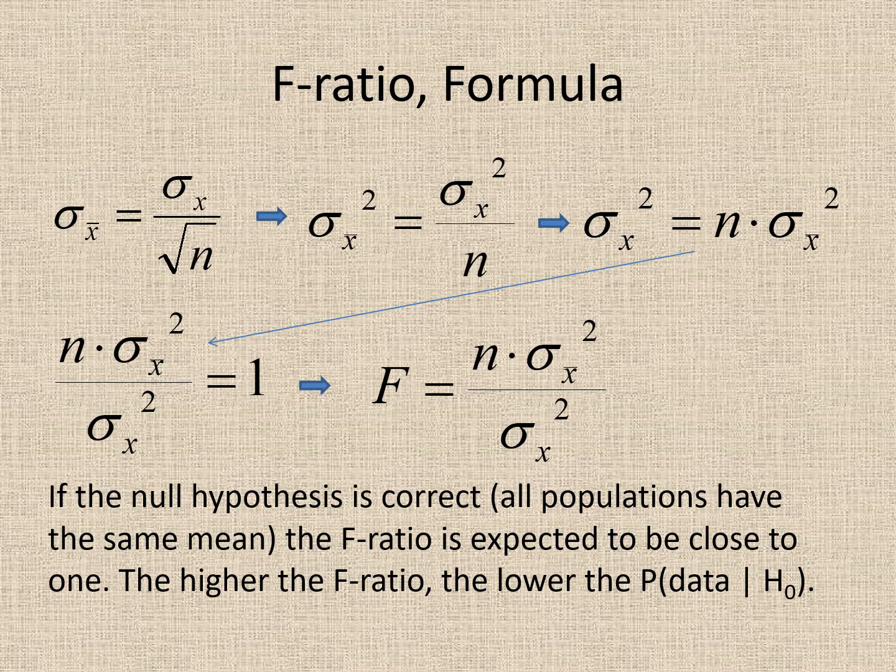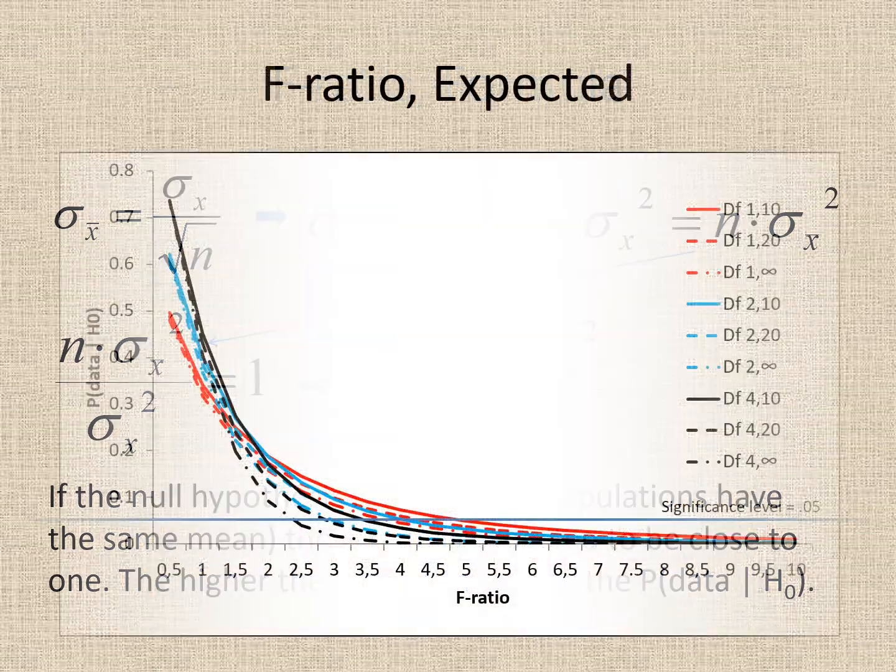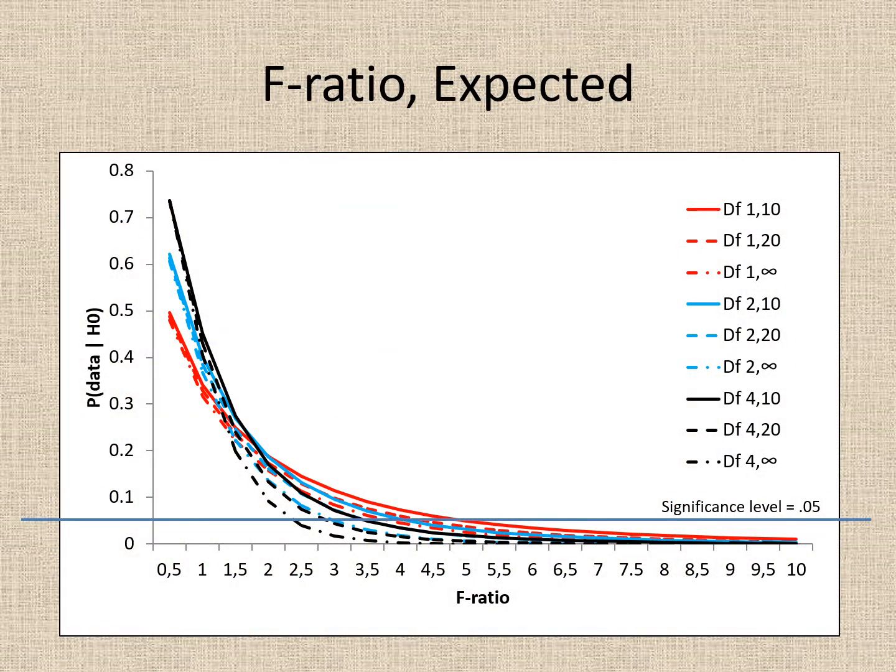So the larger the F ratio is, the lower the p-value. The larger the F ratio is, the lower is the probability of getting the data we have, given that the null hypothesis is correct. And the nice thing is that we know what F ratio to expect, with what probability, if the null hypothesis is correct.